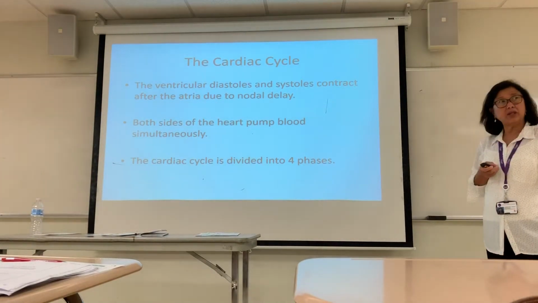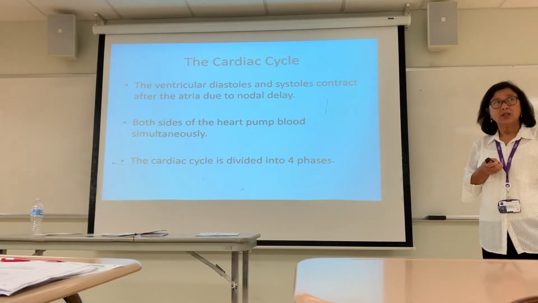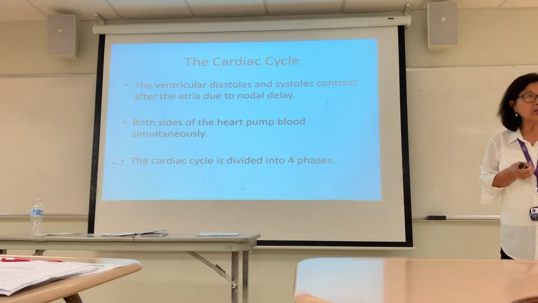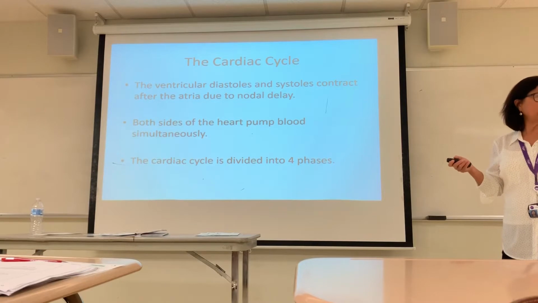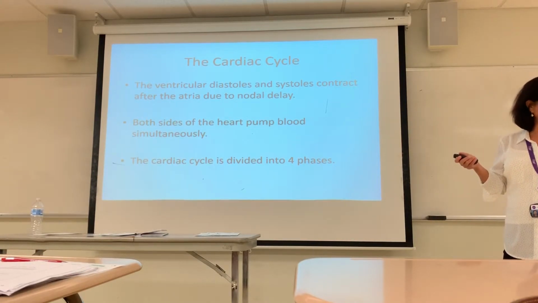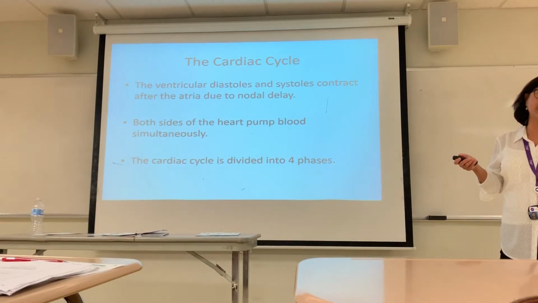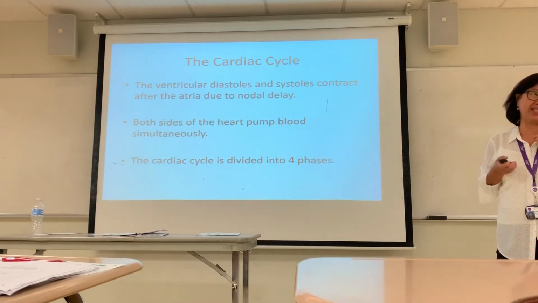So remember on our past lecture, if your SA node is very strong, that's the best fire, the first fire. It can go up to 80 beats per minute. If your SA node is very weak, your AV node will fire, but it will be like 60, and then so on and so forth. The junctional maybe 20, so that's not enough for your heart to beat 75 beats per minute.